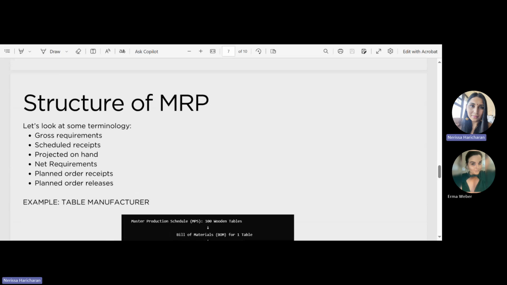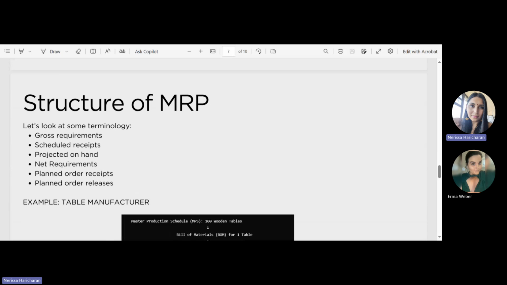Then we have a scheduled receipt. This is basically any open orders that are outstanding. It means that the orders have been placed at suppliers, but not yet received. And the quantities will be received at the beginning of a specific production schedule. Projected on hand is an amount that will be available at the beginning of a specific period.